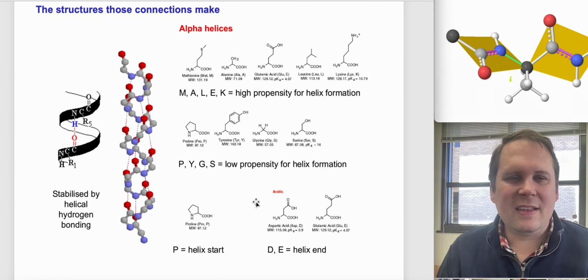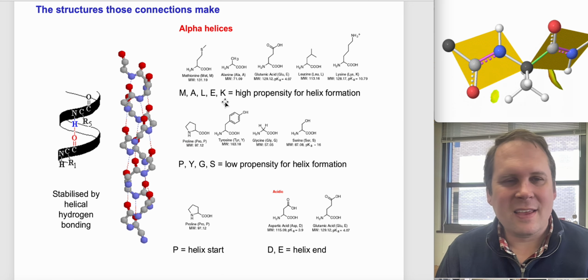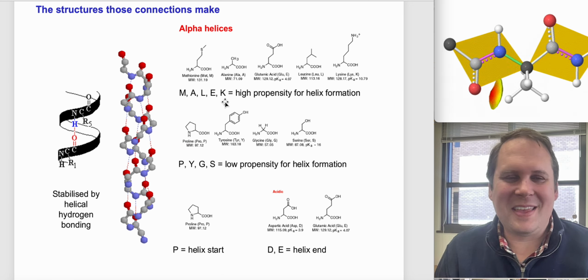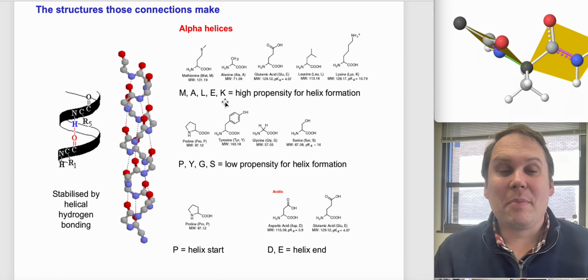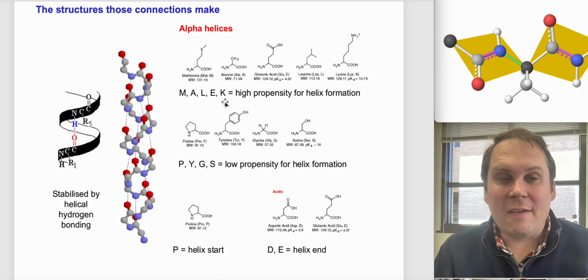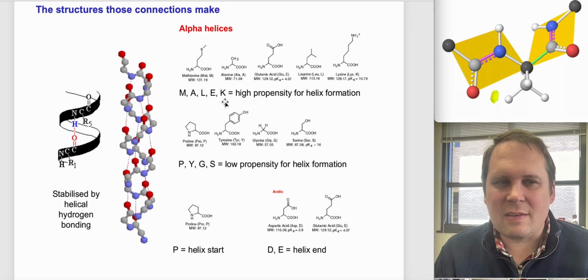The ones that you tend to not find in a helix are the pigs: proline, tyrosine, glycine, and serine. I can't imagine a helical pig. Can you? No way. Prolines are very often found at the start of a helix because the proline makes a little right-handed bend in the protein that is being synthesized.